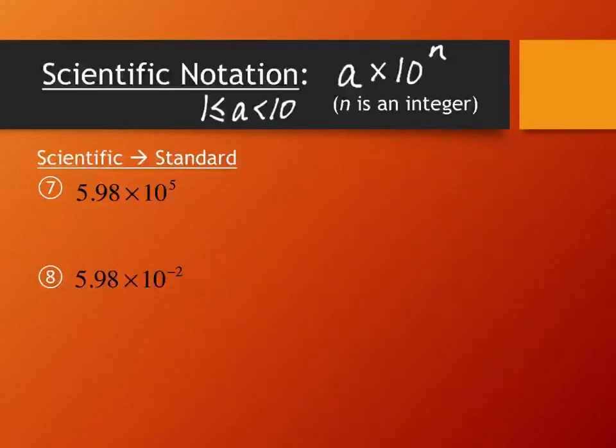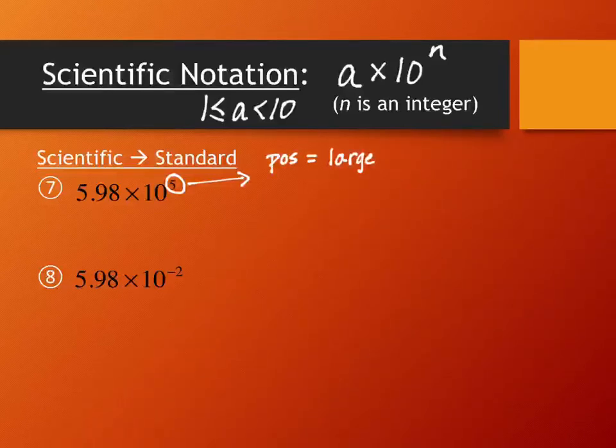And the nice thing about that is it works whether you're going from standard to scientific or scientific to standard, and I don't have to switch, oh, now I'm going the other direction, so now I have to change the word left to the word right, which starts to be a little confusing. In particular, on the first one you see a power that is positive. A positive power means that it's a large number.